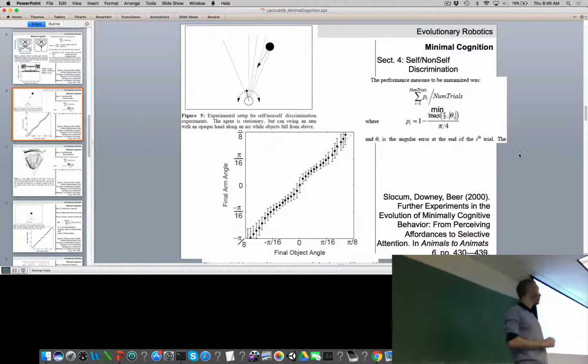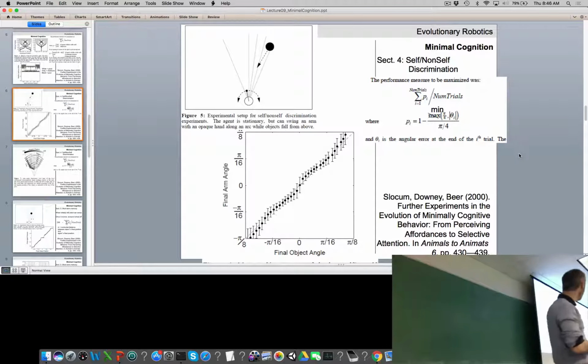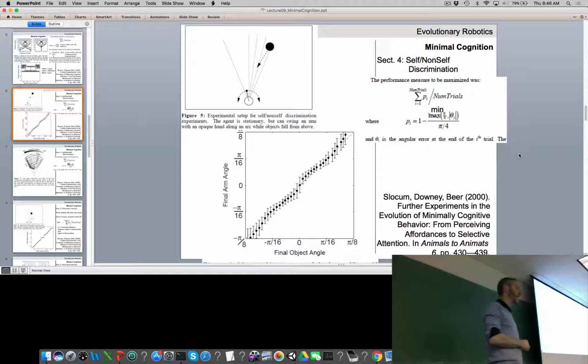Pi over 4 is the worst you can possibly do, and by doing that, we can then divide by pi over 4 and make sure that the right-hand term there is always going to range between 0 and 1, which is good because we're going to subtract it from 1, right? So we now are sure that P sub I is always going to range between 0 and 1, where 0 is the worst possible thing the robot can do, and 1 is it captured the object.